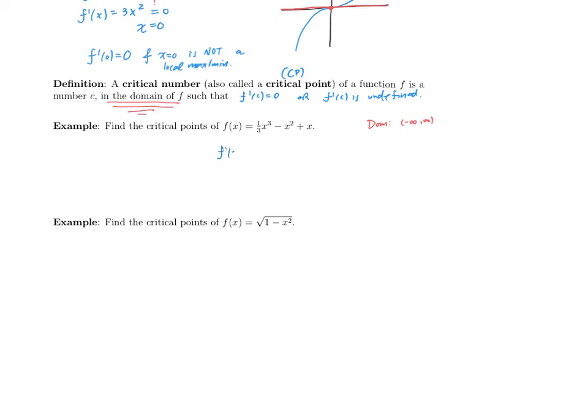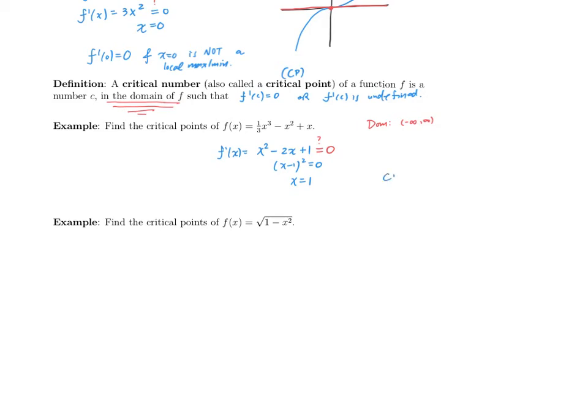So differentiating this term by term, we'd have 1/3 times 3x squared minus 2x plus 1. And what we would like to know is, what are the values of x that will make this function equal to 0? This factors nicely, and there's only a single value, x equals 1.